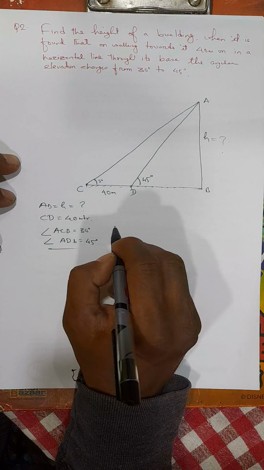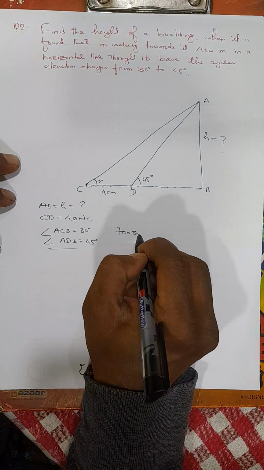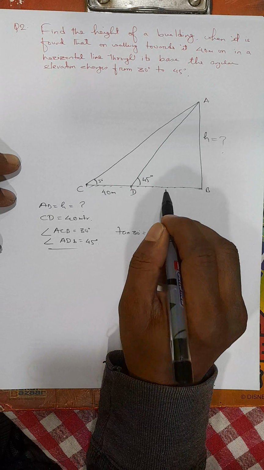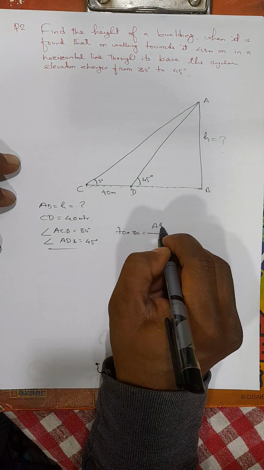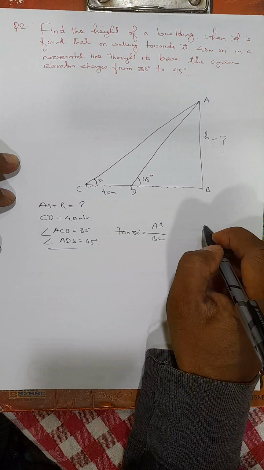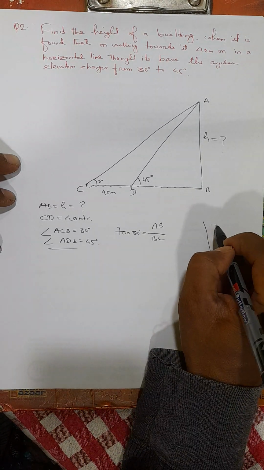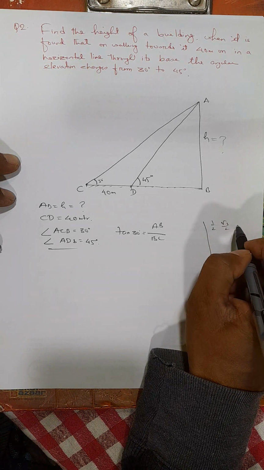Now let us use trigonometric ratios here. What is tan 30 degree here? Tan 30 degree means here opposite by adjacent side, AB divided by BC. Now we recall the trigonometric ratios. Sin 30 half, cos 30 root 3 by 2.